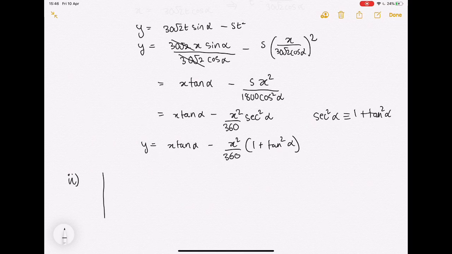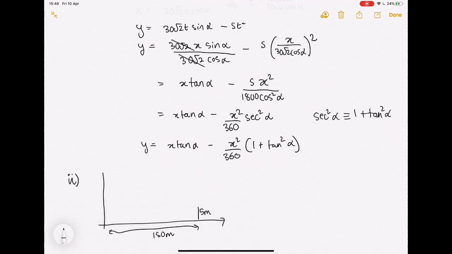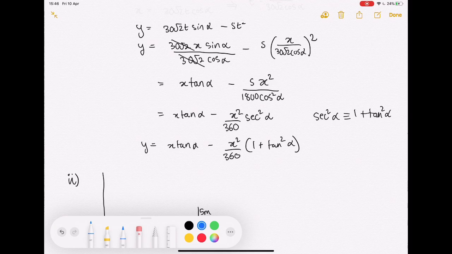What we know here is that 150 meters away there is a 5 meter high tree, and we want to think about what possible values of alpha would mean that it just clears the tree.